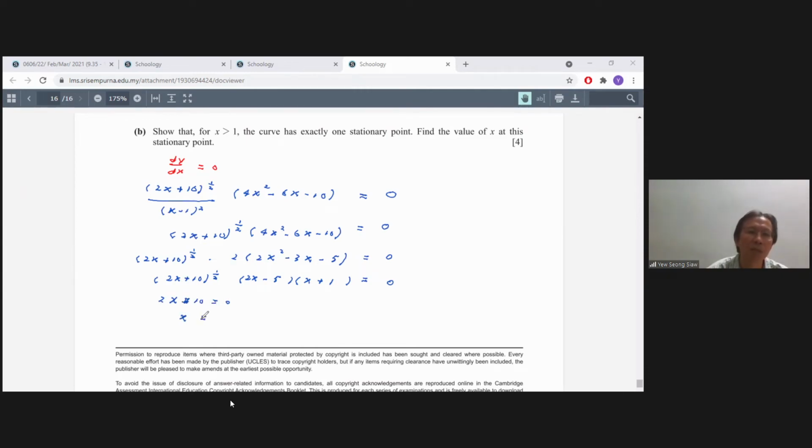Wait, isn't there supposed to be a squared? Yeah, sorry, should be 2x squared, the previous question. So 2x squared plus 10.